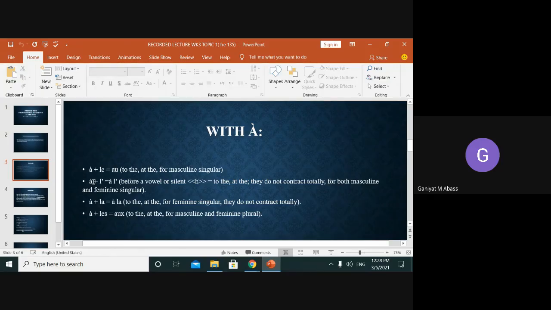And then when you have the preposition à plus l', you have what? À l'. As you can see, the l' is a definite article that is used before a vowel or silent h, which means what? To the, at the. Okay, but here they do not contract totally for both masculine and feminine singular nouns.